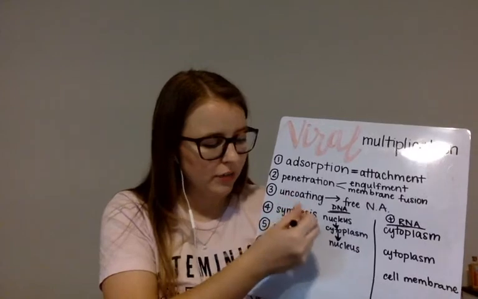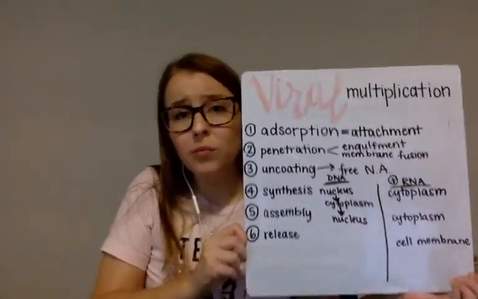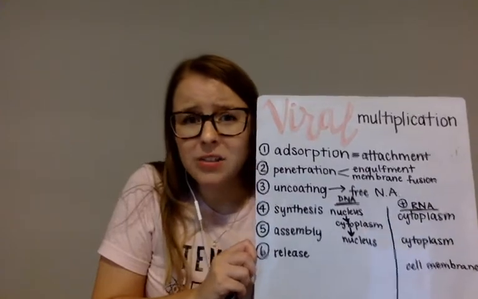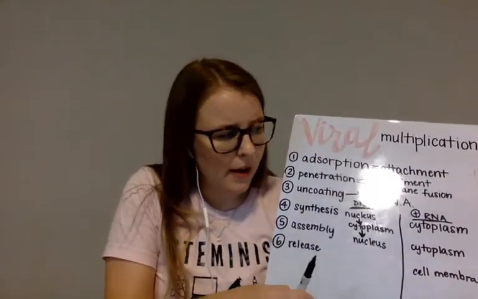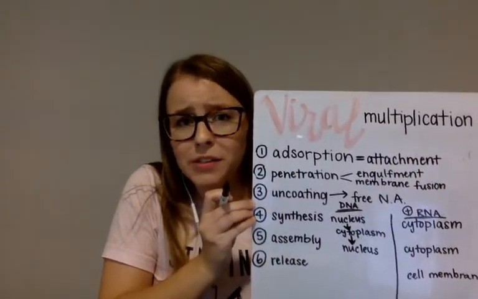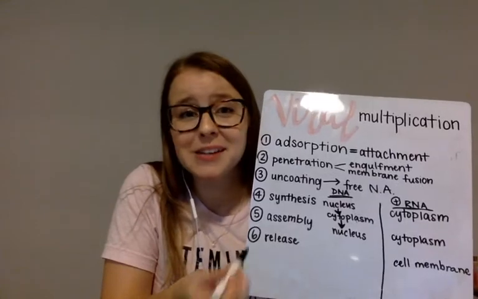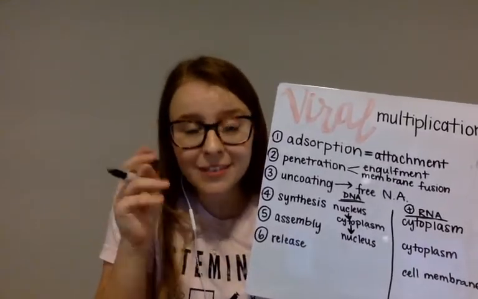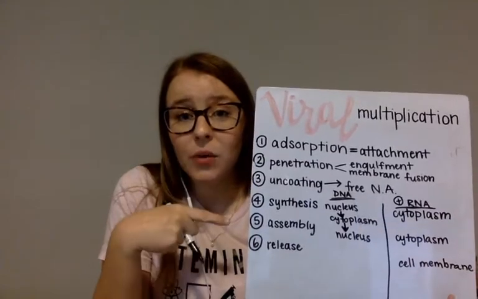It's really just going to differ in that synthesis and assembly stage. So hopefully this makes sense, and also makes sense why these different processes happen. How viruses actually work, and the fact that they're using our own cells and our own equipment, per se, within our cells against us.